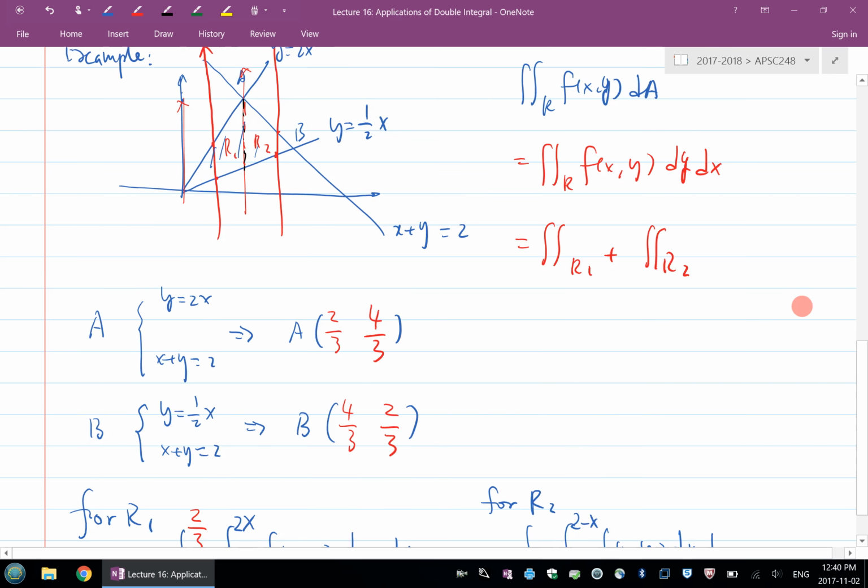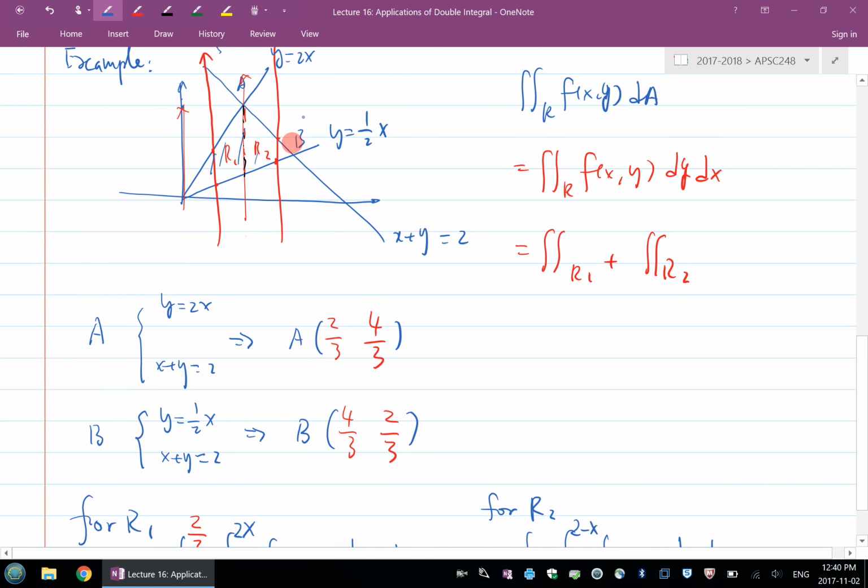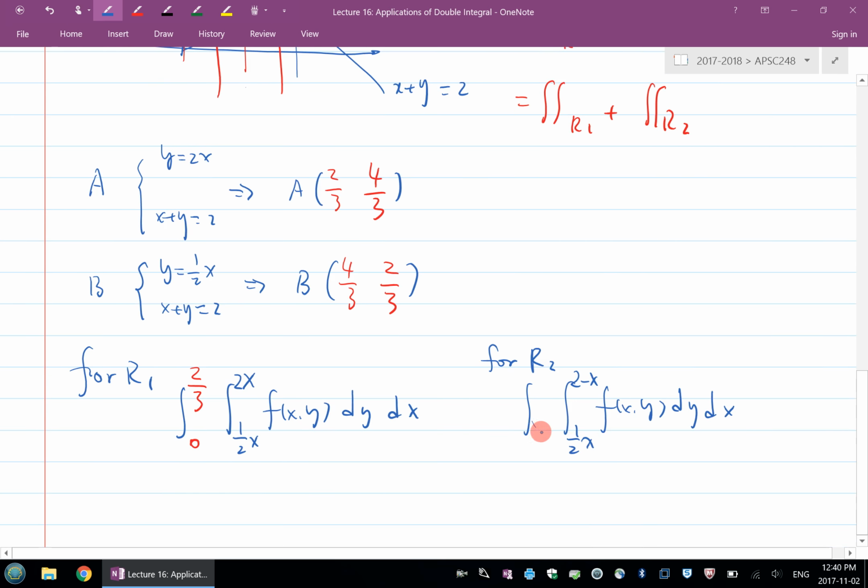And then the x limit goes from this end to this end, which is 2 over 3 to 4 over 3. So that's basically the setup for the two regions that are here.